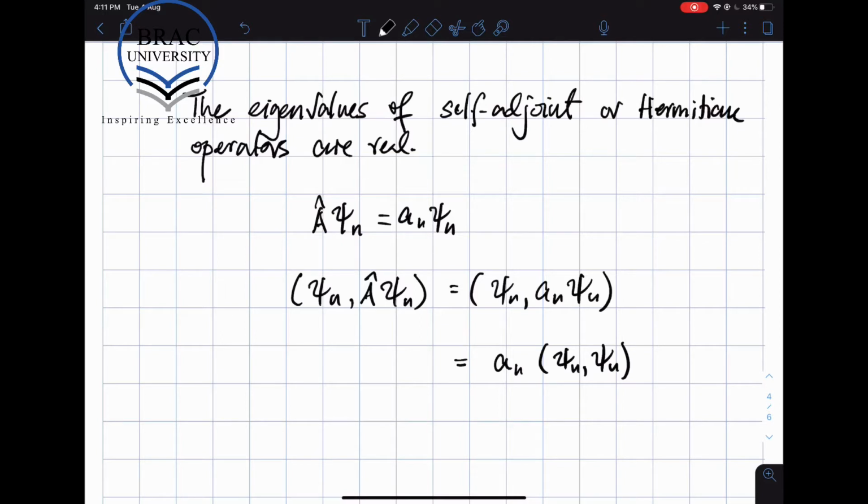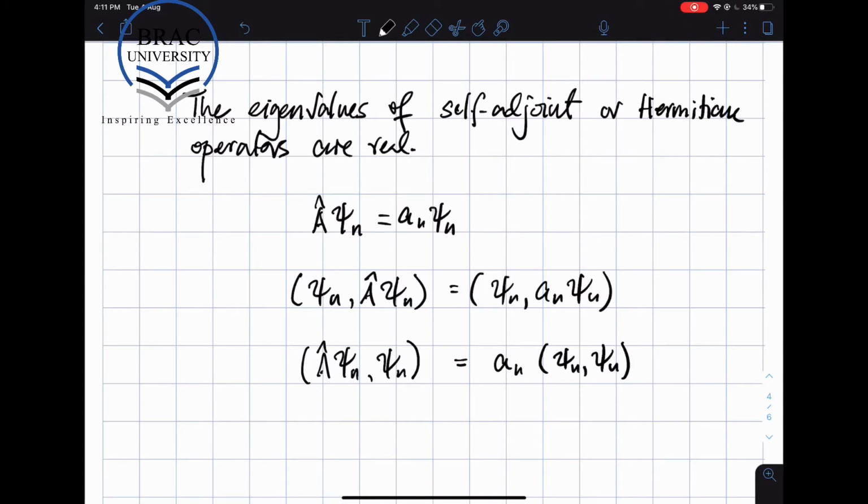On the left hand side, because A hat, the operator, is a self-adjoint operator, I can move it from here to here. So I can write it as this times a_n of psi n.